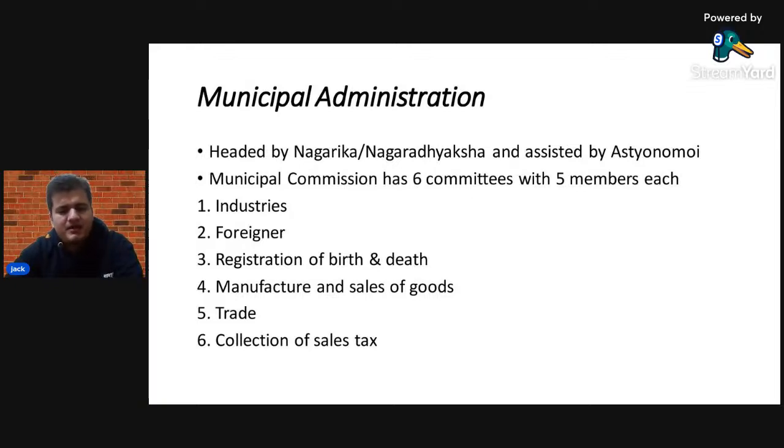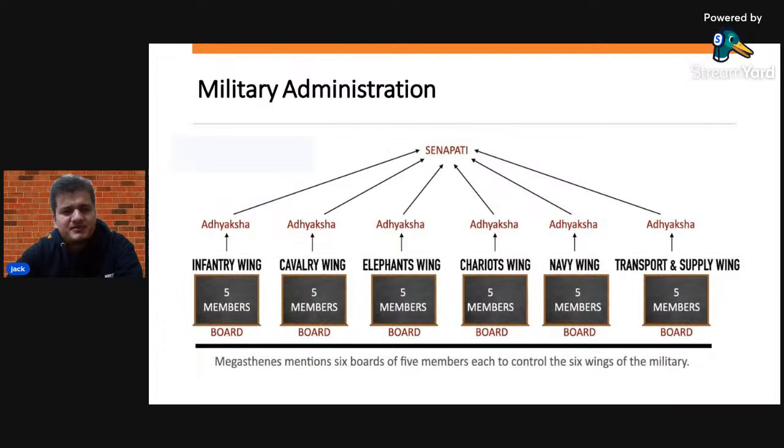Now we are going to discuss the military administration. In the Mauryan times, the Mauryan Empire was the only empire which had a standing army. Standing army means a department of the army where people are in the army for the whole year. Apart from the Mauryan Empire, all the Mahajanapadas at that time used to have a seasonal army.